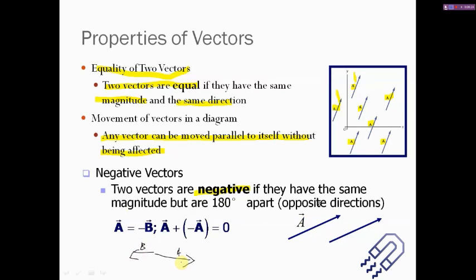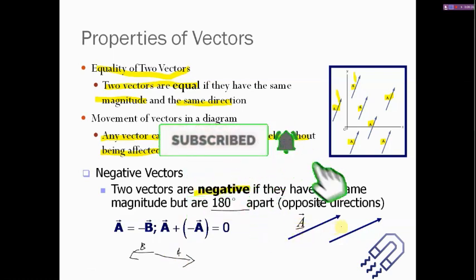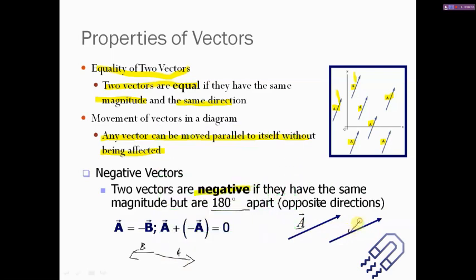If they are in opposite directions, the angle between them will always be 180 degrees, right? Look at this vector A, and this is another vector. Both of them are pointing in the same direction and they are parallel to each other. That means the angle between them is nothing but 0 degrees, right?